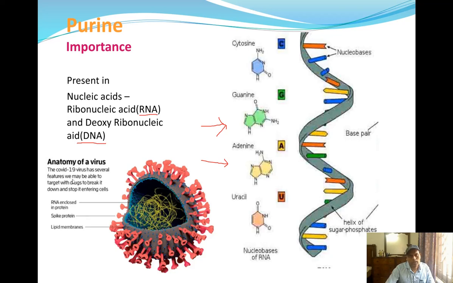To kill the virus, or such harmful organisms, what you have to do is replace these purine or pyrimidine bases, and such drugs can kill these viruses or bacteria which cause harmful diseases.